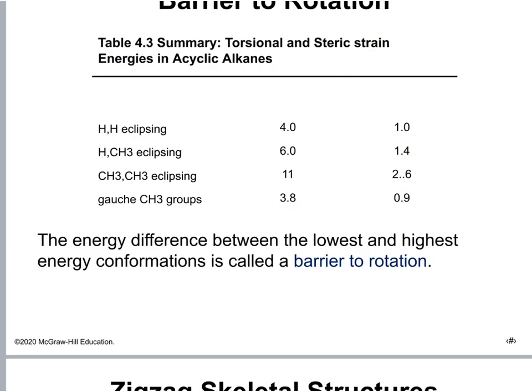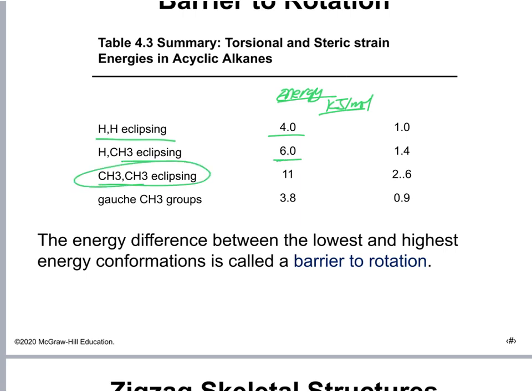This is showing you actual numbers for eclipsing energies. And this is for rotation, because you get free rotation. If hydrogens eclipse each other, you can look at your slides. I think some of them didn't transfer. Energy is in kilojoules per mole. This is kilocalories, so we'll just do kilojoules. If H and H eclipse, that's going to be 4. If a CH3 and H eclipse, that's going to be 6.